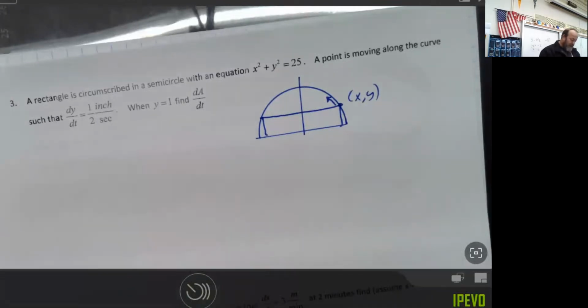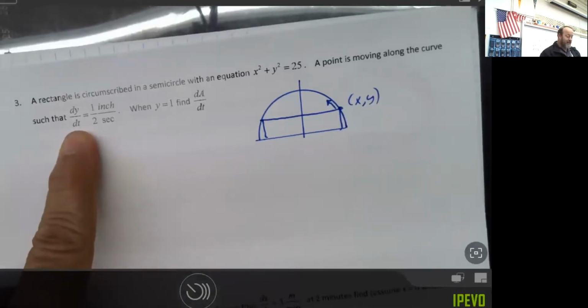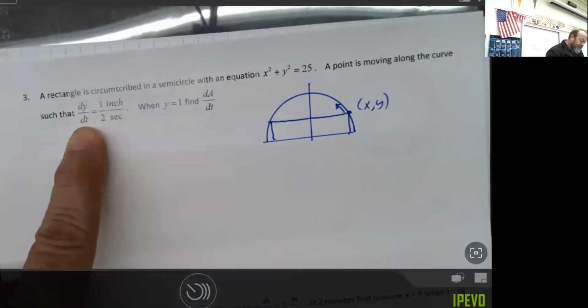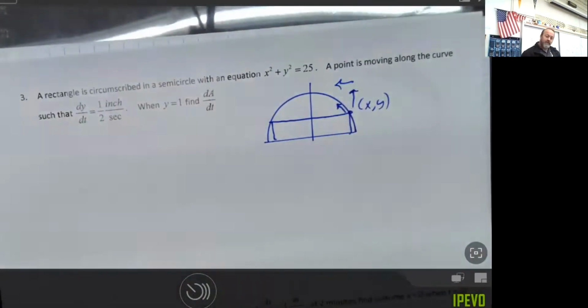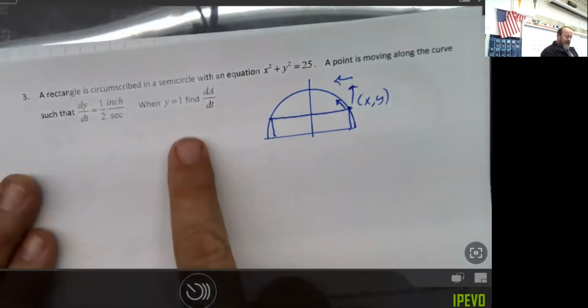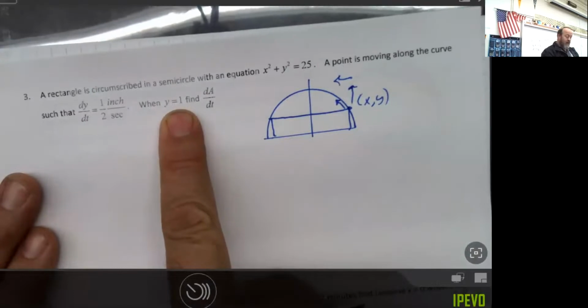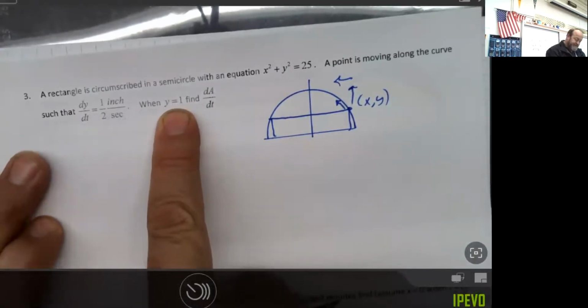And so what I want to know is if the point is moving along the curve in such a way that dy dt is half of an inch per second. That means it's sliding up, but then if it slides up, it's forced to slide over somehow. And it says at a snapshot when y is 1. So again, that's our snapshot.